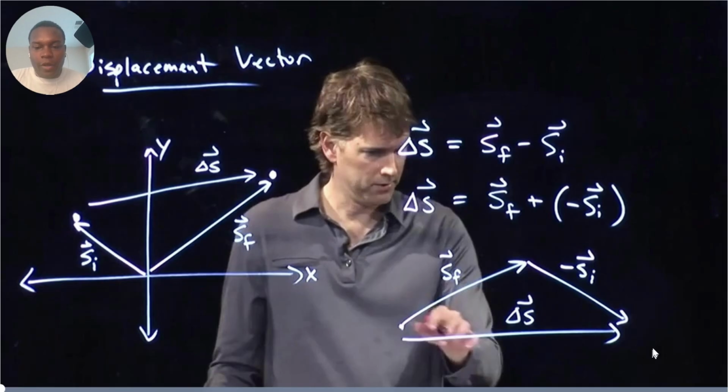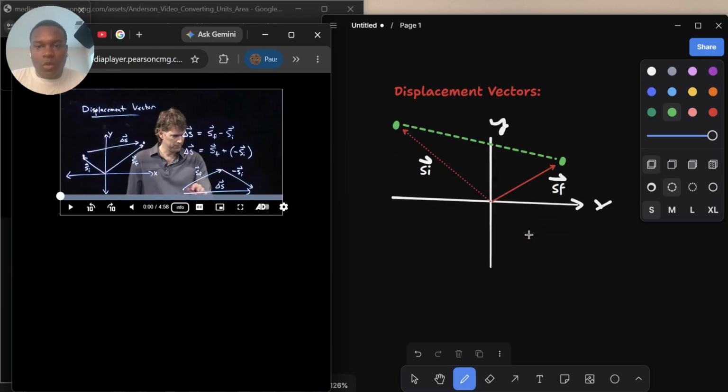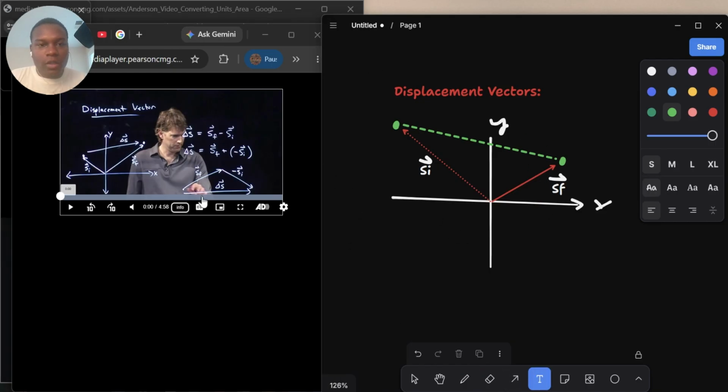I'm just going to reiterate some cool, simple stuff that I want to get into for myself. So this right here, this delta vector s final minus s initial is the general formula for displacement.